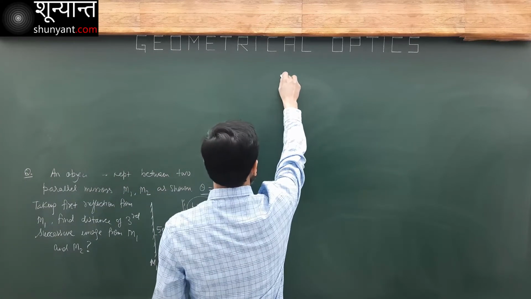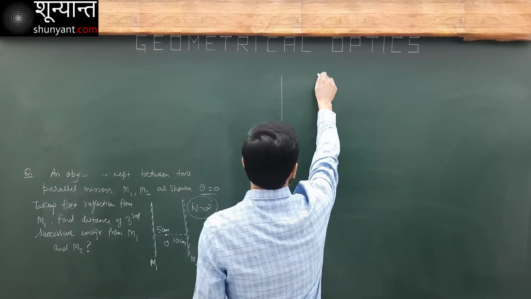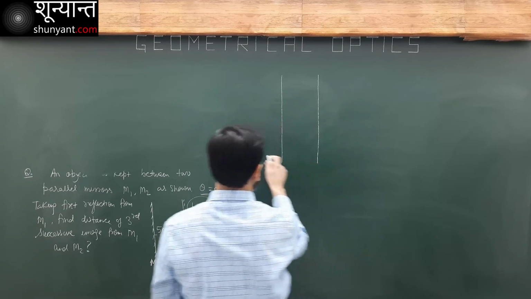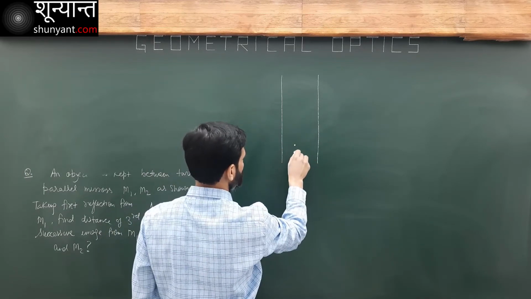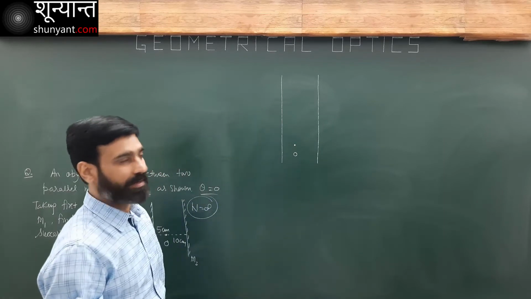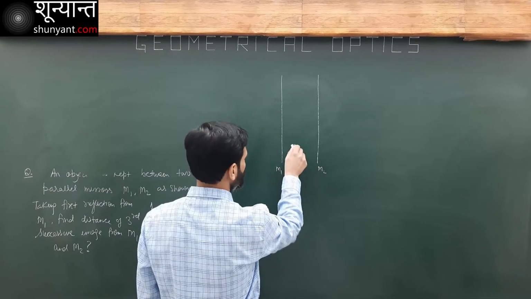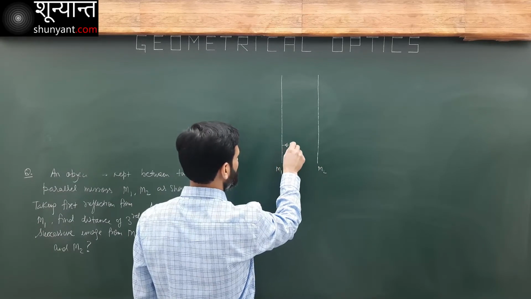We can understand it very simply like this. I have these 2 mirrors. Let's say that I have an object here. This is my object. Light starts from the first mirror, M1, M2. It hits the mirror and then it retraces.